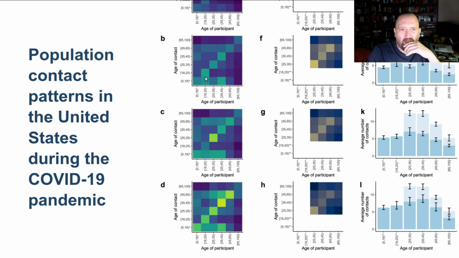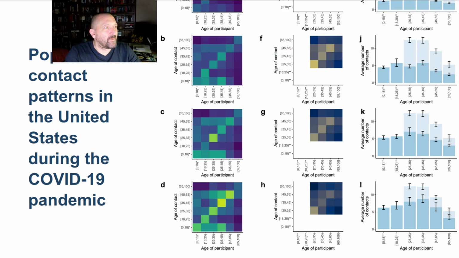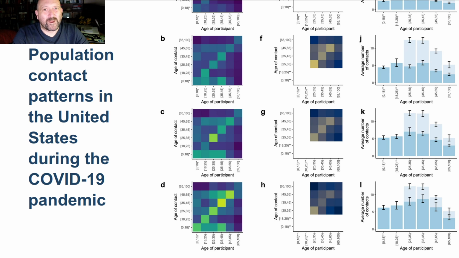This is a graph illustrating population contact patterns in the US during the COVID-19 pandemic. What you can see here is who acquires infection from whom, although it's more who's in contact with whom.